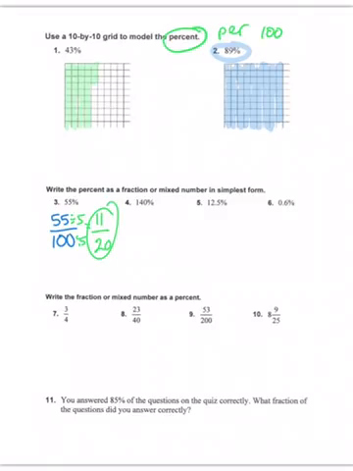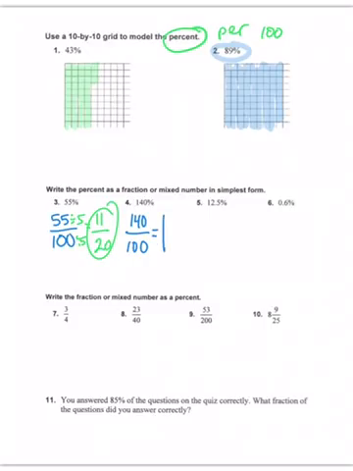All right, number 4. In number 4, the problem is kind of weird. It's 140%. That's telling me it's over 1 whole, because 1 whole is 100%. So I'm going to write this 140%, or 140 per 100. This one looks a little bit weird because it is an improper fraction. So we're going to make this into a mixed number first.